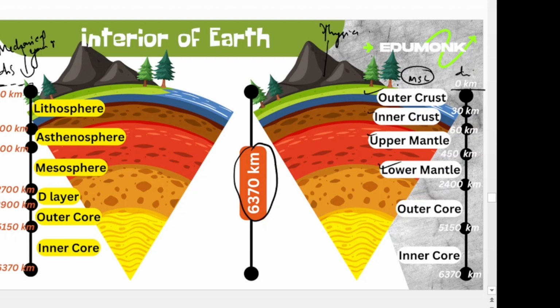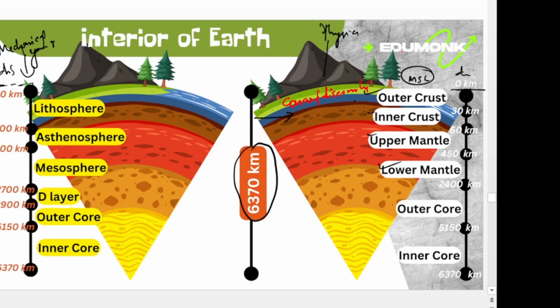In between the outer crust and inner crust, that means at 30 kilometers, there is a discontinuity known as the Conrad discontinuity.